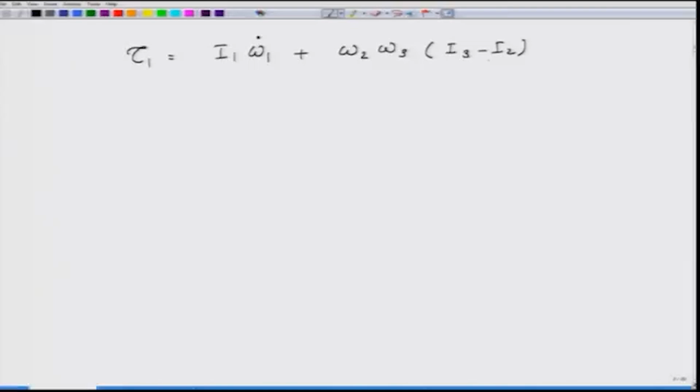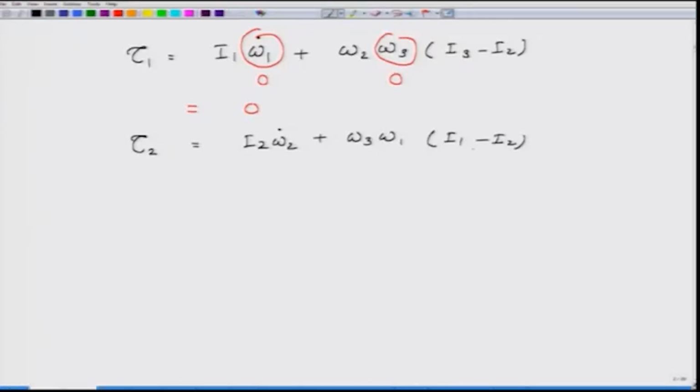And we have already seen that omega 3 is 0, omega 1 dot is 0, and therefore, tau 1 is 0. Tau 2, that is the torque required in the direction of 2, is going to be I2 omega 2 dot plus omega 3 omega 1 times I1 minus I3, and we again see that omega 2 dot is 0, omega 3 is 0, and therefore, tau 2 is also 0.